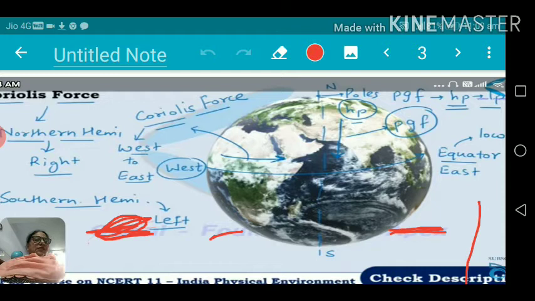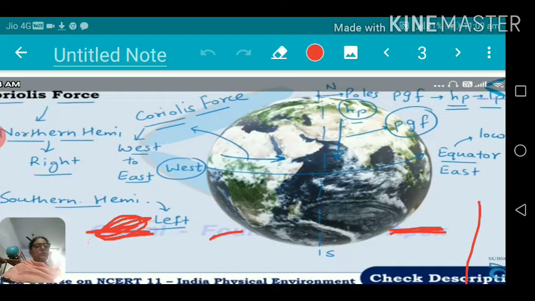In the northern hemisphere, these winds always move from west to east, like the movement of the earth, and with the movement of the earth they keep changing their direction. The north pole is in between, and the equator is there also.